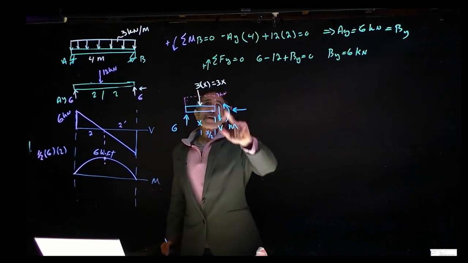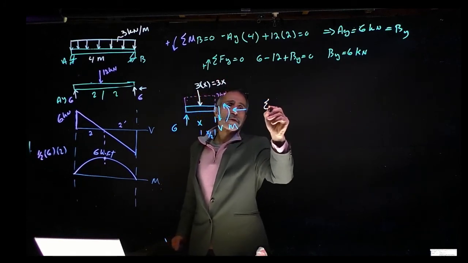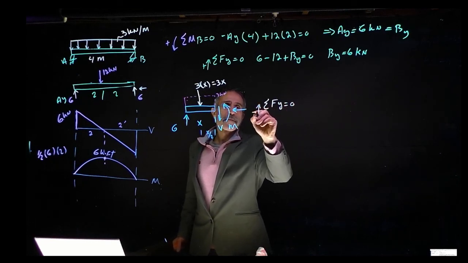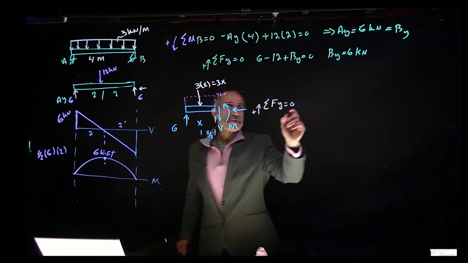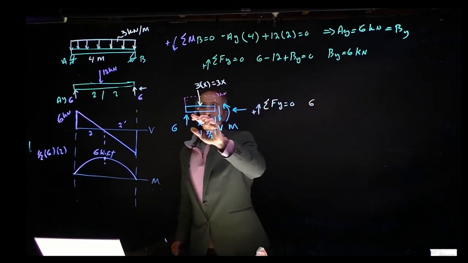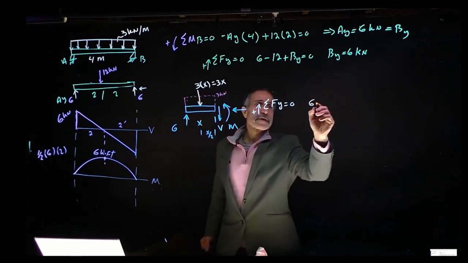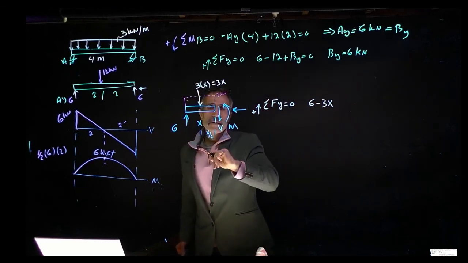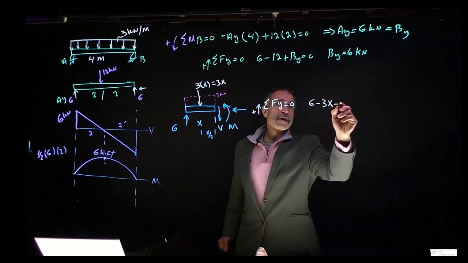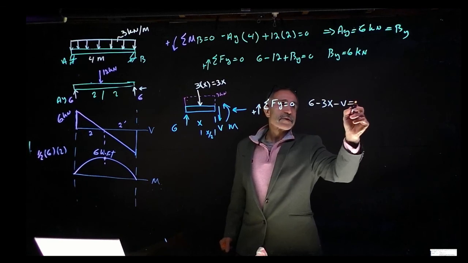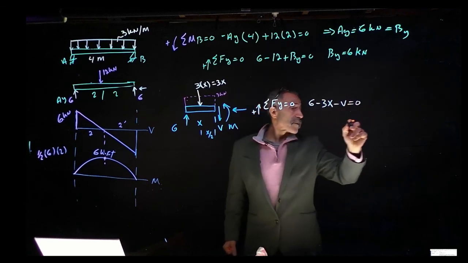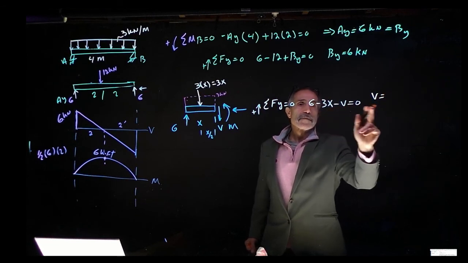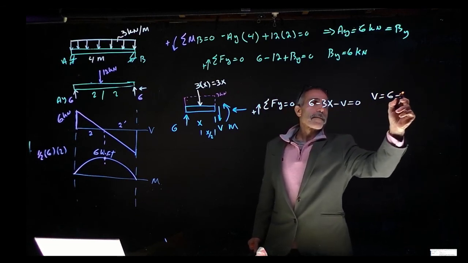All right, so I'm going to find the shear using the equation summation of F_y equals 0. Going up is positive. I have 6 positive, nothing until I get here, then minus 3x, then nothing until minus V, and that's it, equals 0. Therefore, my V comes out to 6 minus 3x.